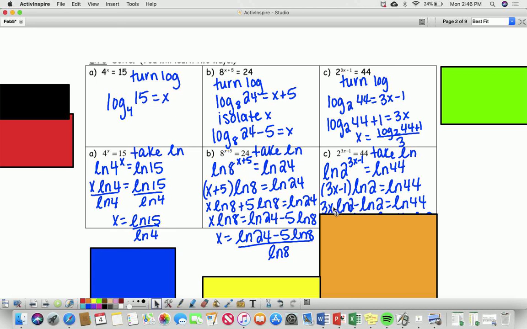So now I have 3x ln 2, because I distributed, minus ln 2 equals ln 44. I still want the x alone. So I'm going to take this minus ln 2 and I'm going to add it to both sides.